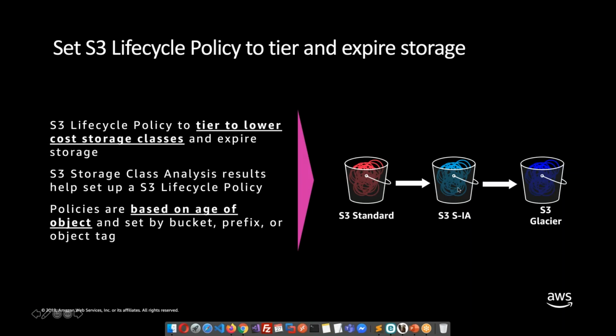Then if you have a policy for a file that's not been accessed for 5 years or more, we can create a policy to place it on a cold storage, which has the lowest cost of any S3 option.